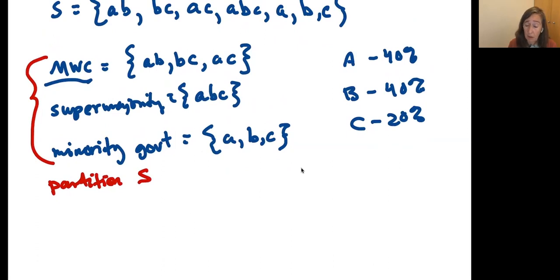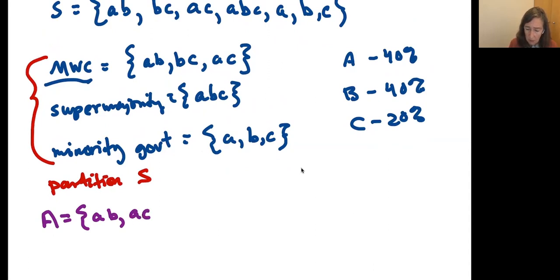But another way we might want to think about dividing up S is in terms of what parties are in government. So the set of governments that include party A would be AB, AC, ABC, and A. It wouldn't be BC because A is not in that one.